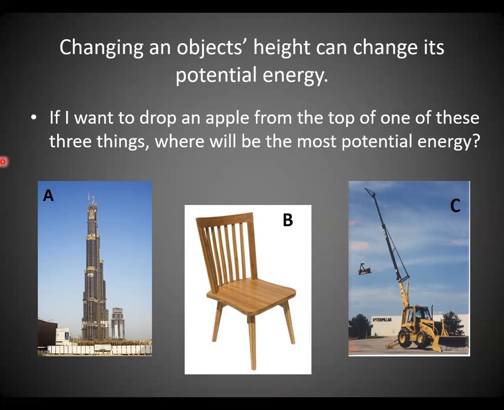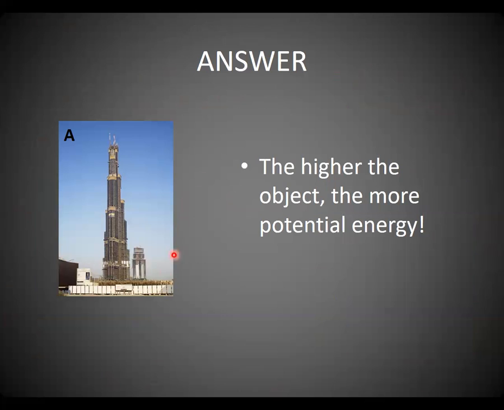Well, hopefully you selected answer A. Why? Because the skyscraper has a much bigger height, right? The apple's mass isn't going to change, but the height does. Therefore, the highest point, the most potential energy. That's simple. Mass times gravity times height.